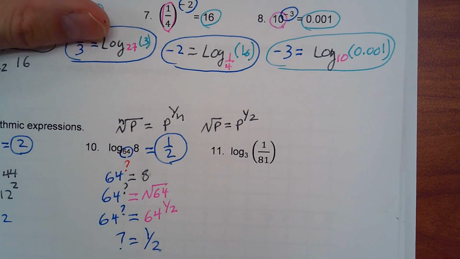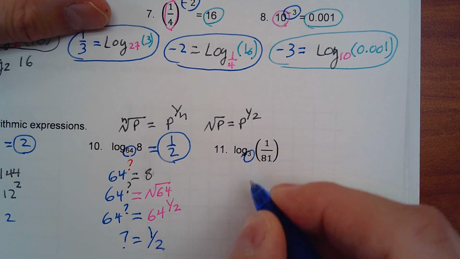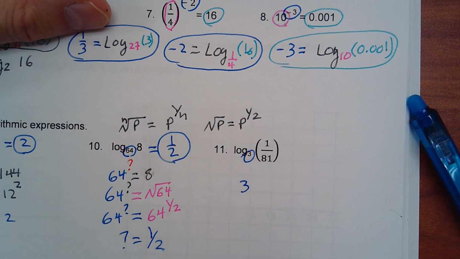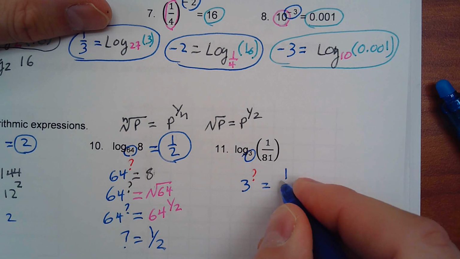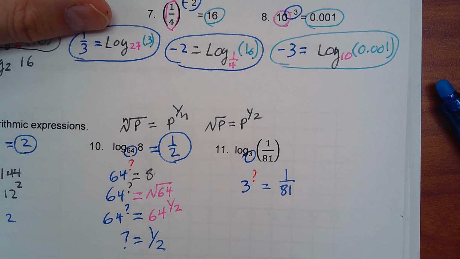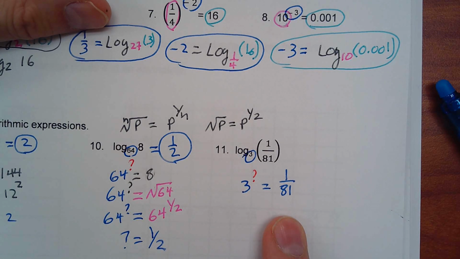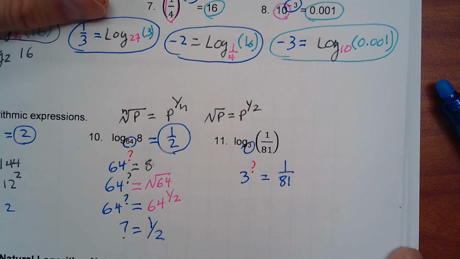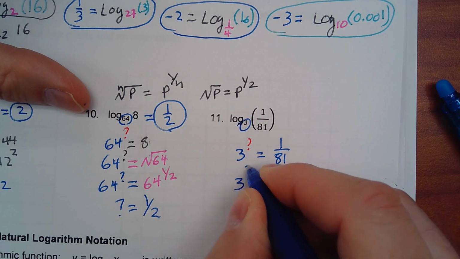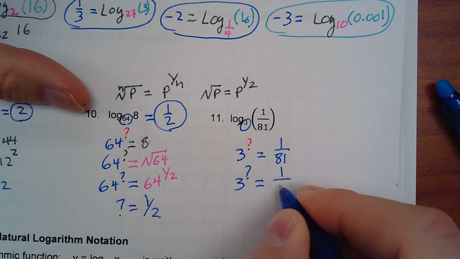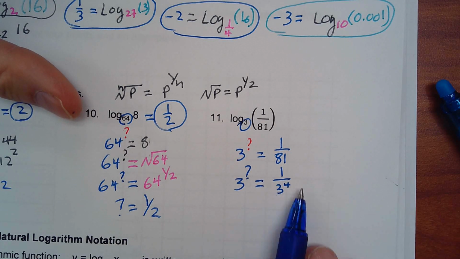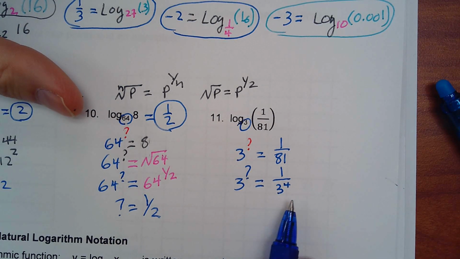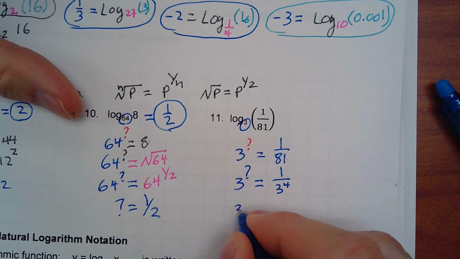Let's try this next one. So here my base is 3. Again, I'm trying to figure out what this exponent has to be to give us 1 over 81. 81 is 3 times 3 times 3 times 3, or 3 to the 4th power. But I have this in the denominator, I want it in the numerator, and what I can do is change the sign of the exponent.